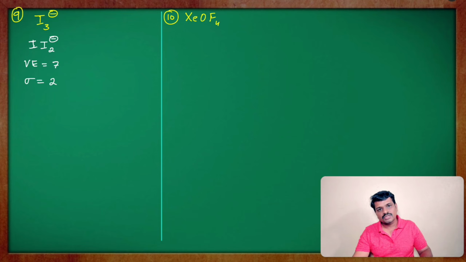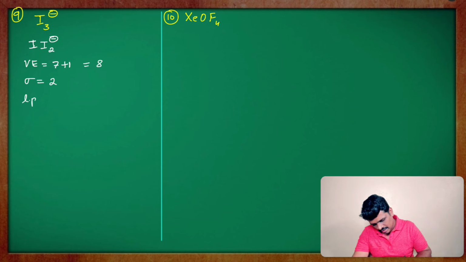Here there is a negative charge on the molecule. So whenever there is a positive charge, we should subtract those charges from the valence electron. Whenever there is a negative charge, we should add those charges to the valence electron. So there is minus 1 charge, so I should add plus 1 to the valence electron. So the sum will be 8.